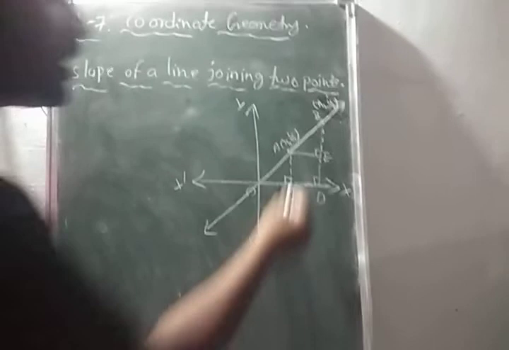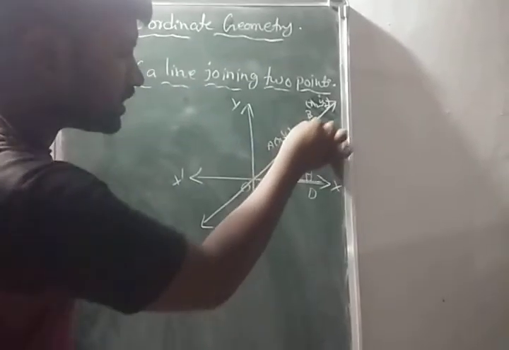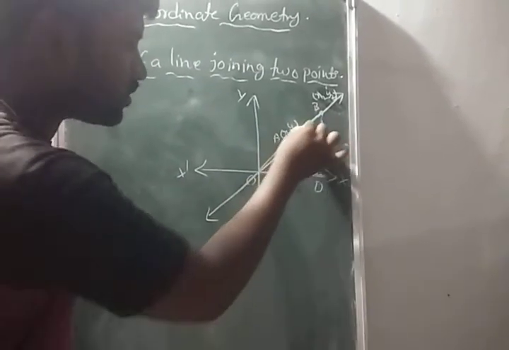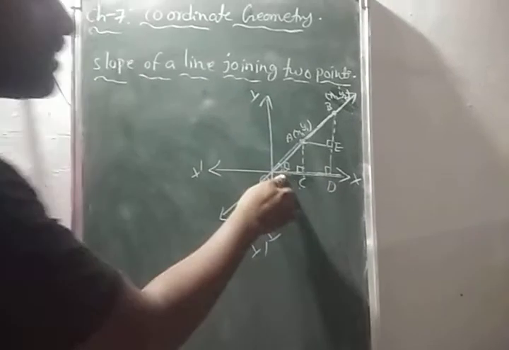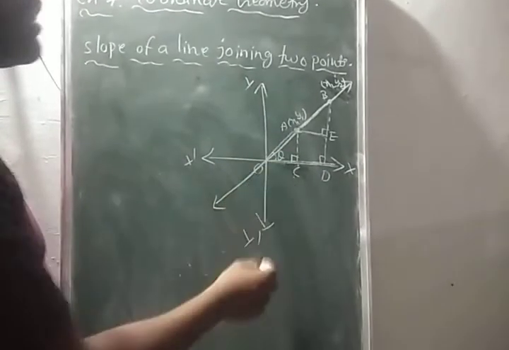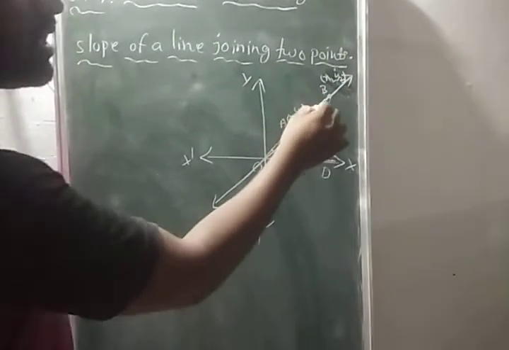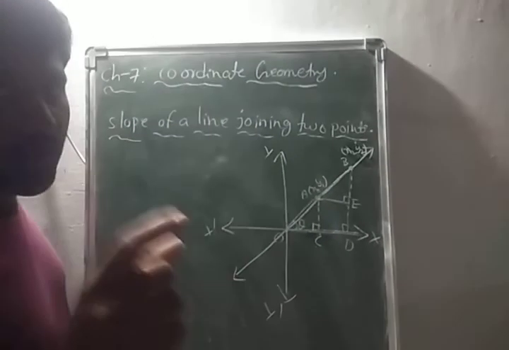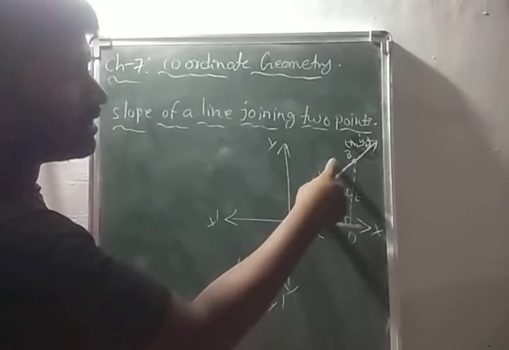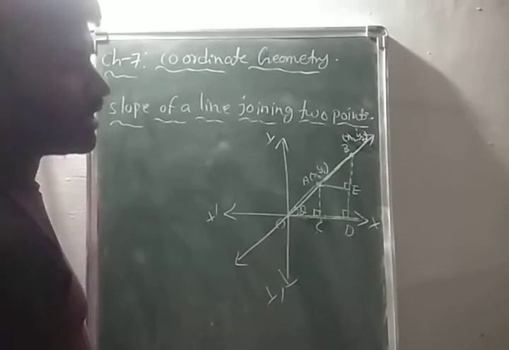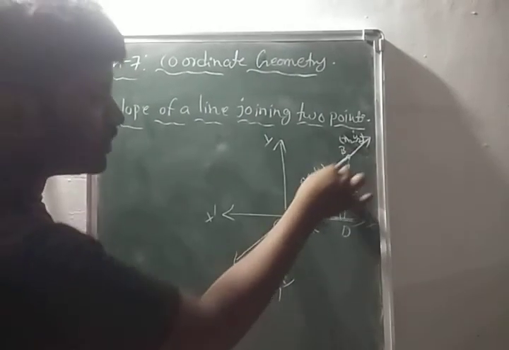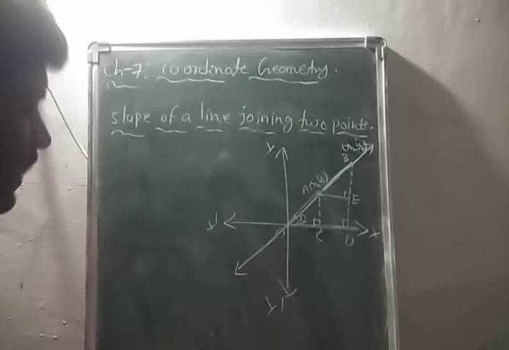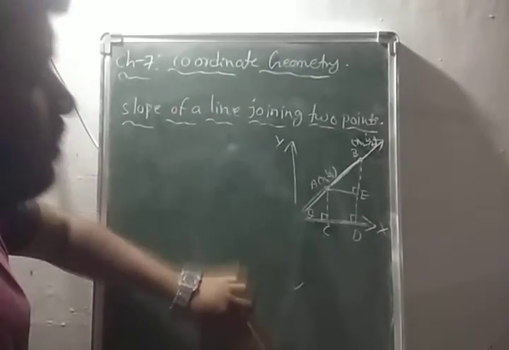Now we want a slope. Here we drew it like this, so it is making a certain angle, that is theta. So if I want the slope of the line when the 2 points are joined in a Cartesian plane, we should find the slope. Let us discuss some problems based on this model.